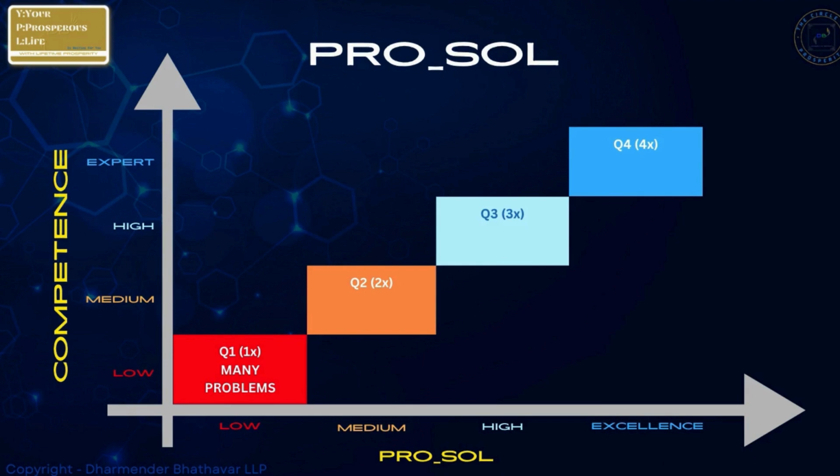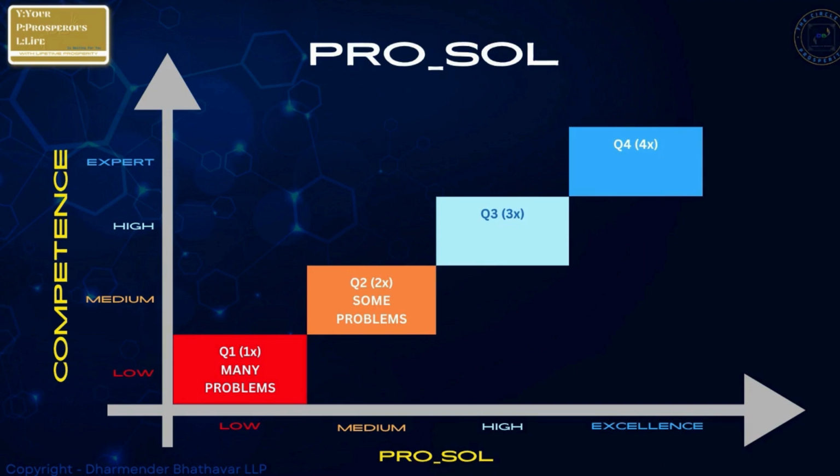Here you will be facing a lot of problems and there are very minimal solutions. Now let us go to quadrant 2. You have some problems because your competency is medium and your problem to solution is also in the medium zone. That means you have some problems and you also have some solutions.